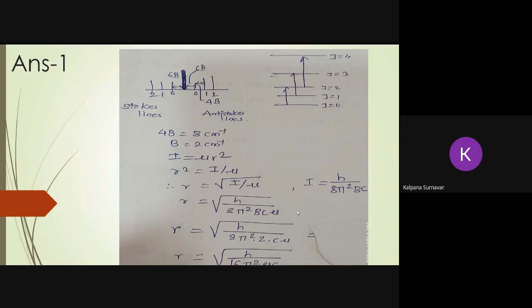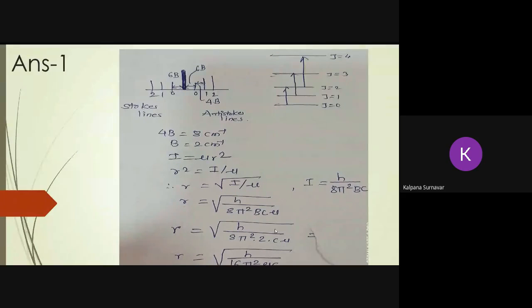This term is kept as it is, and mu remains as it is. The value of B calculated above is 2. Just put the value here. So the bond length equation becomes the square root of h upon 8 into 2, which is 16, so the square root of h upon 16 pi square mu c.